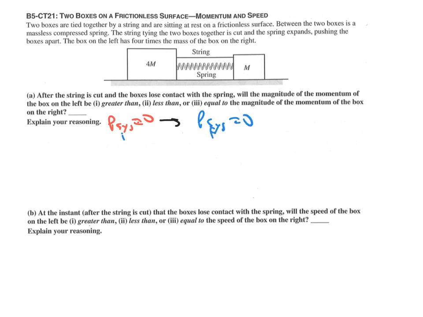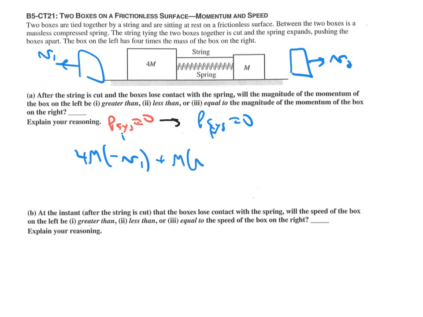Initial and final, which means that the 4m times its velocity, let's say that it kicks off with a velocity v1 in that direction, and the 1m goes with velocity v2 in that direction, then our momentum after release is 4m times minus v1 plus m times v2.